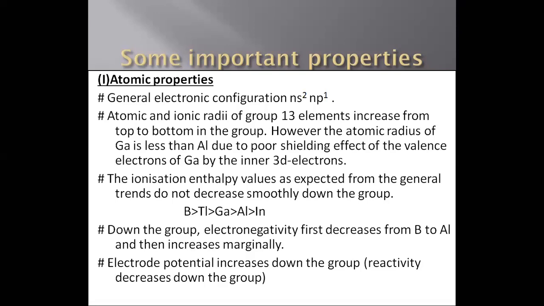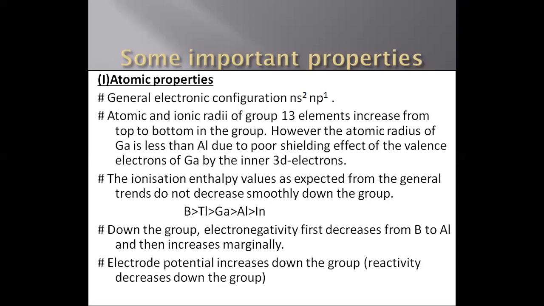So first comes boron, which has the highest, then thallium, then gallium, then aluminium, and then indium. Between thallium and indium it is because of the interference of f electrons, and between gallium and aluminium because of the interference of d electrons.